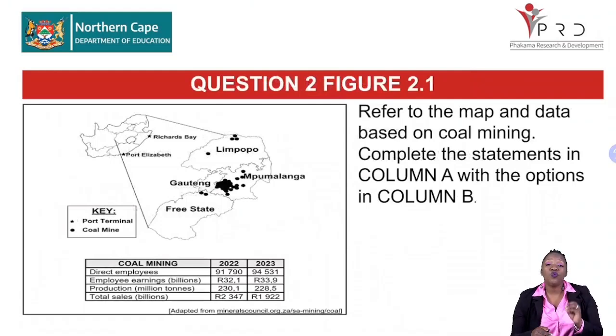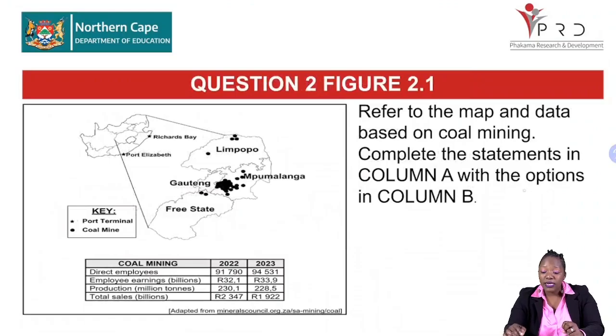So under question 2, we're going to start with your figure 2.1. Those are your short objective questions. So we said study the diagram. You are given: refer to the map and data based on the coal mining, which means you are given 2 things here, the map as well as the data based on the coal mining.